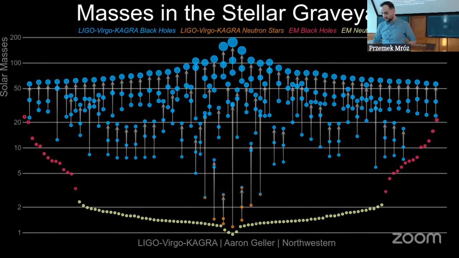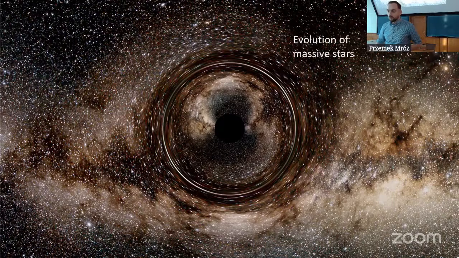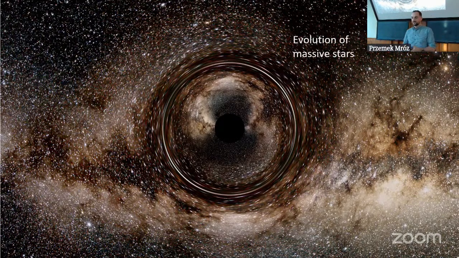Of course, as we know from last week's lecture, trying to understand that picture is really difficult, because if you want to understand the population of black holes detected by LIGO and Virgo, we have to understand several physical processes. For example, we have to understand the evolution of massive stars.